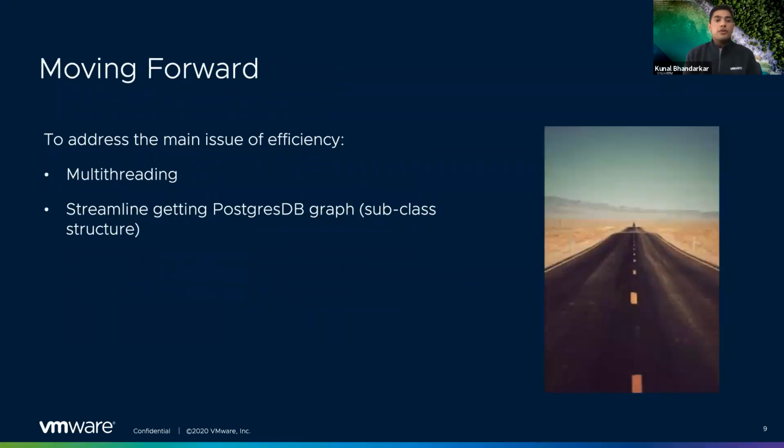So moving forward, the main thing that this script needs to address is efficiency, mainly in the amount of time it takes to run. There are a few things we can do to fix that. One of them is just multi-threading. When getting objects out of Postgres, there's a multi-threaded way of getting and saving objects to the data store. I think if we incorporate that into the script, it could help save some time.